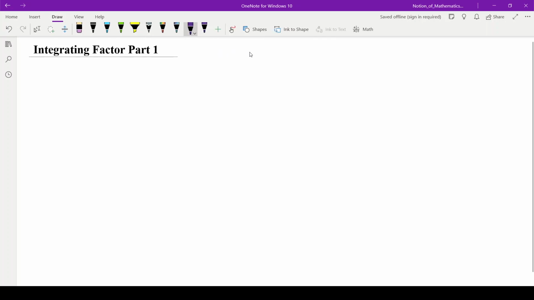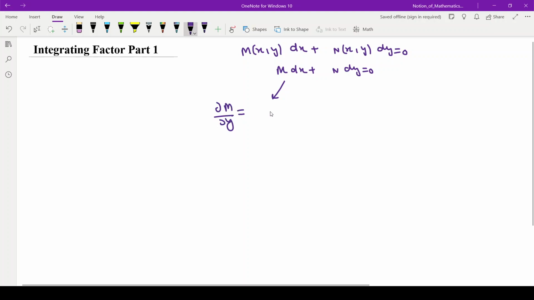So as we know, if any equation is of the form M(x,y) dx plus N(x,y) dy equal to 0, or in short we can write it as M dx plus N dy equal to 0, and if the condition partial M by partial y is equal to partial N by partial x holds, then such an equation is an exact equation.